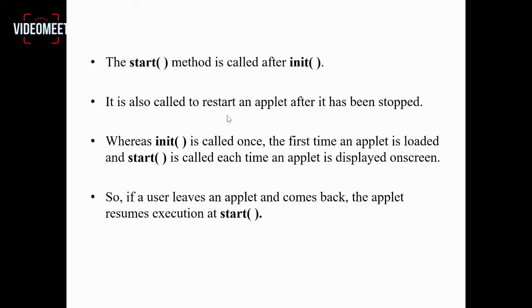So if a user leaves an applet and comes back, the applet resumes execution at start. Leaves an applet means what? By minimizing the applet window, we are leaving that applet and switching to another program, right? That is the meaning of leaving an applet. And once you come back to this window, that means you maximize that applet window again, then immediately the start method resumes again.